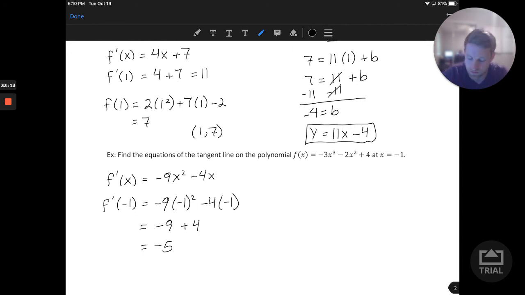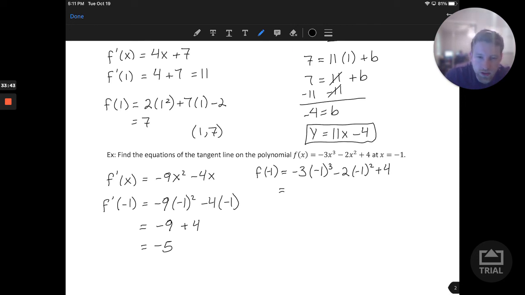So the last thing we need to go out and find is our y value here at -1. So we have -3 times -1 quantity cubed minus 2 times -1 quantity squared, and then plus 4. Evaluating this term by term, we have -3 times -1 quantity cubed.